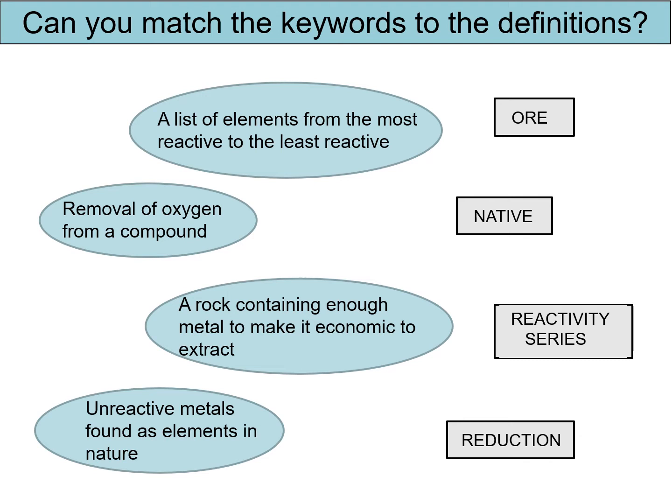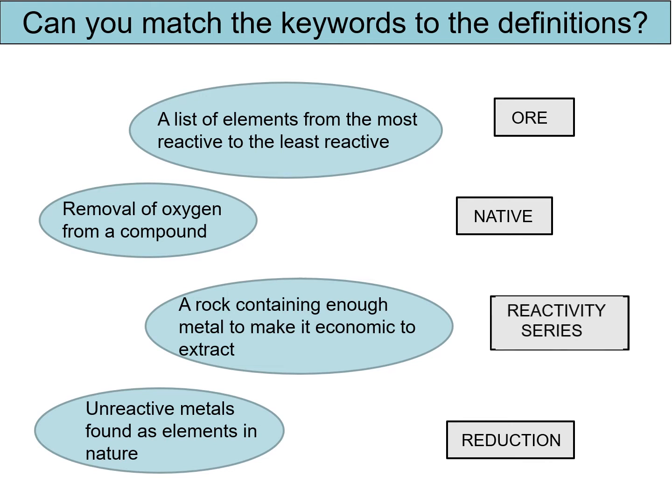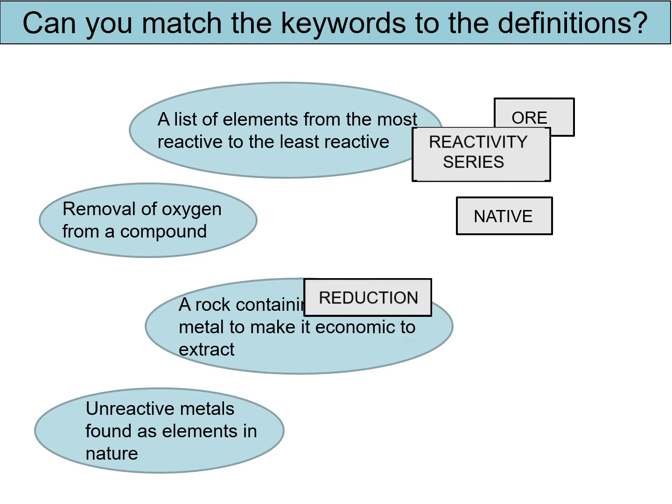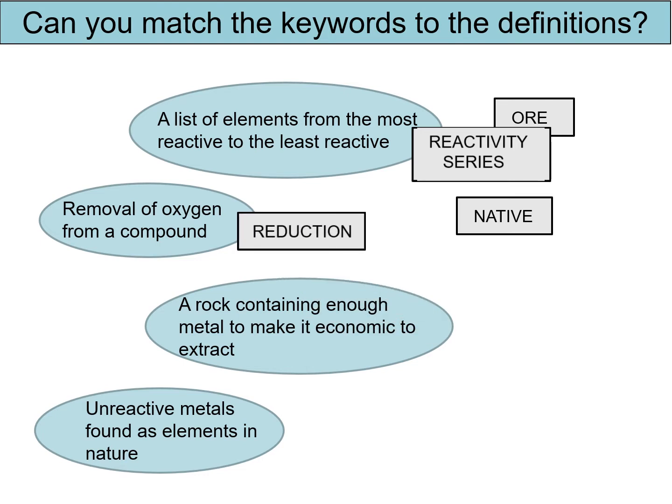Okay, so our top definition there is a list of elements from the most reactive to the least reactive. Well, we definitely have met that before, and that is our reactivity series. So well done if you've got that. Removal of oxygen from a compound we call reduction. So when we add oxygen to a compound, we had a lesson where we looked at reacting metals with oxygen.